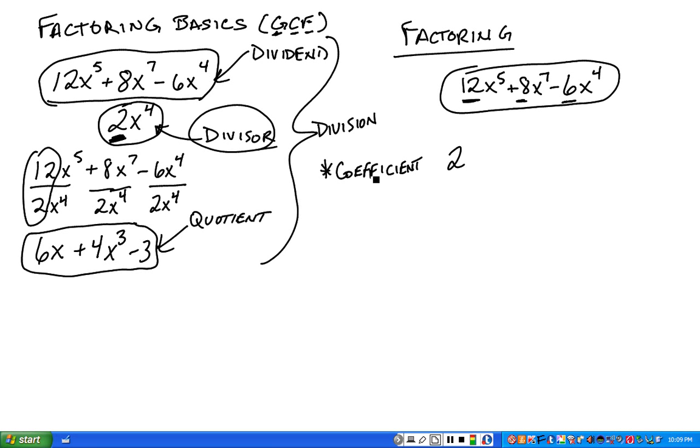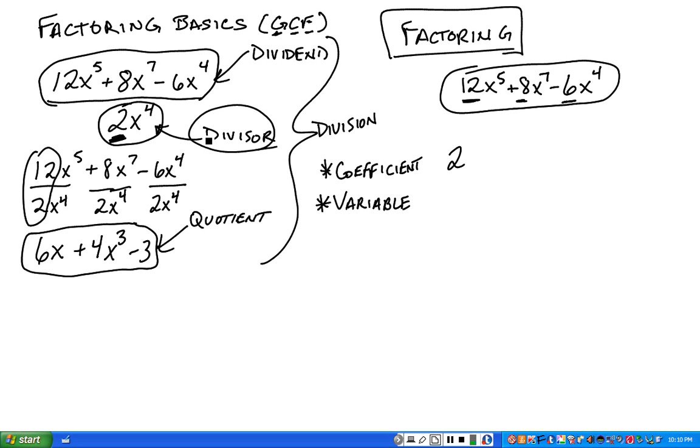Now after I check the coefficients, I want to check my variable. Again, this is the process for factoring. We did division in the previous lesson, so now we're focusing on factoring. I'm just trying to get you to understand that factoring is pretty similar to division.